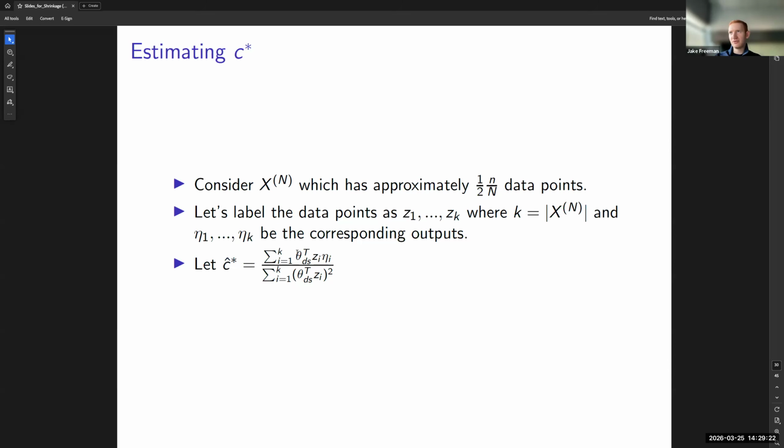We use the data that we know, and then contract it with these independent sets of data. This is emulating our outputs here. The idea is that the numerator and denominator are going to be unbiased for the actual numerator and denominator of C star. And then asymptotically, this entire thing will be unbiased for the expectation of C star.